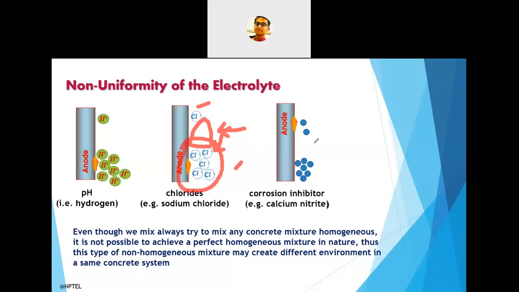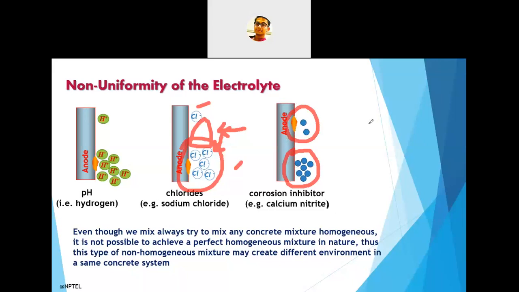Here is one more example. We are using a lot of admixtures as corrosion inhibitors, for example calcium nitrite. We are using a number of corrosion inhibitors nowadays to resist corrosion. If the inhibitor is not uniform across the concrete mass, you can also have generation of a cell. If in one place the amount of corrosion inhibitor is more, you won't find any corrosion there, and where the amount of inhibitor is less, that region may act as anode, so you can get corrosion over there.